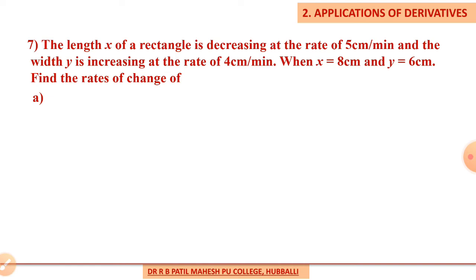When x equal to 8 cm and y equal to 6 cm, find the rates of change of, first, A, the perimeter, and second, B, the area of the rectangle.